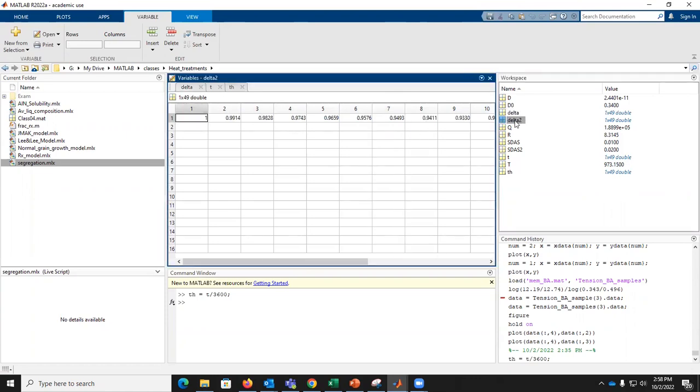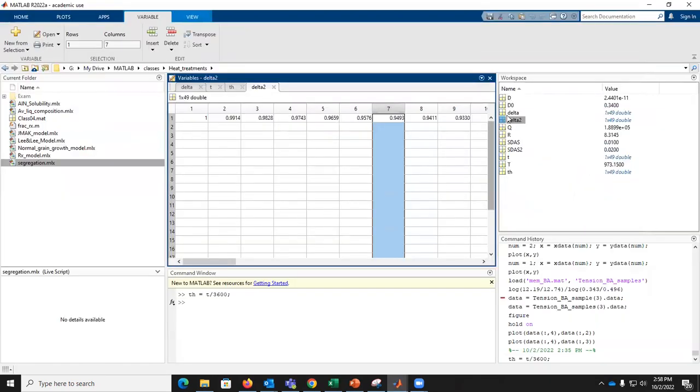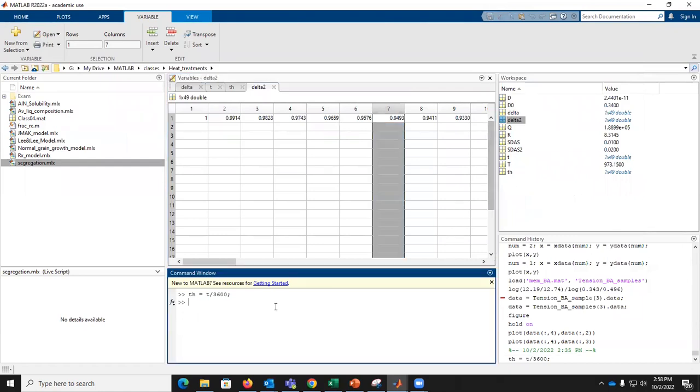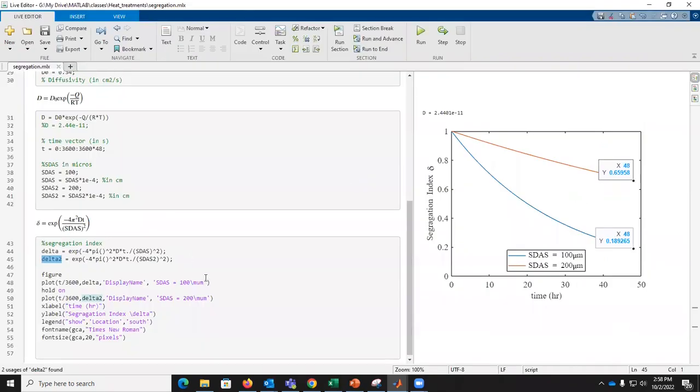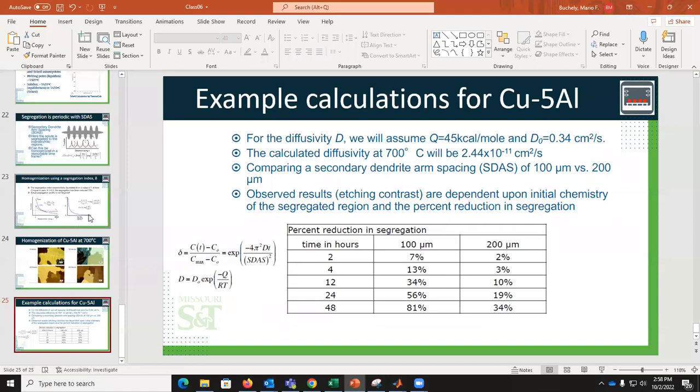And for case 2, we have 94, 95%, in this case 0.95, which is basically the data that I can extract from this plot, but here you can see the vectors numerically. So that's the example that I wanted to share, and that's how we calculate, using the segregation index, the level of segregation in different metals.